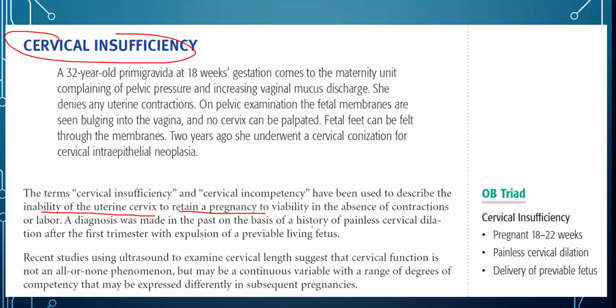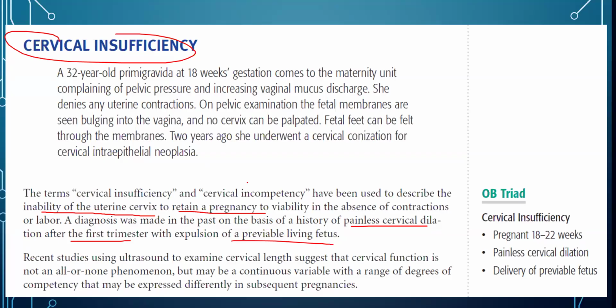So the diagnosis is made on the basis of a past history of painless cervical dilation after the first trimester with expulsion of a viable living fetus. So if the cervix is weak enough that it can't retain the pregnancy and the baby just came out, that's cervical insufficiency.